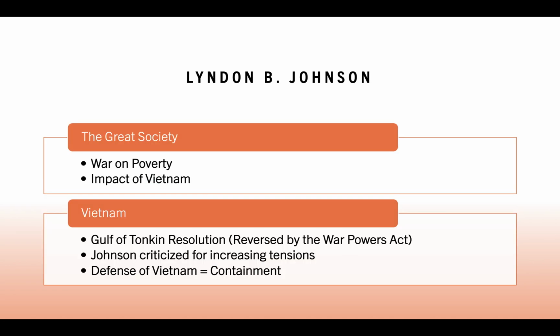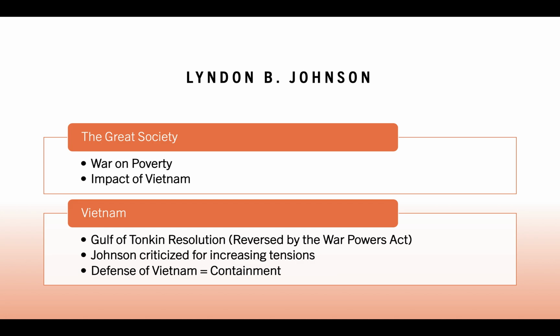Lyndon B. Johnson. When we talk about Johnson, we need to know that he is responsible for the Great Society. The Great Society declared that war on poverty. Remember, this is where we get Medicare, Medicaid. We talked about the program of Head Start in here, really trying to help the people that are suffering within the country.